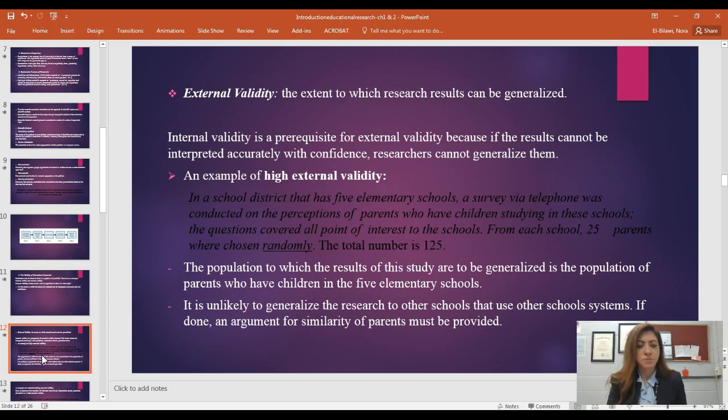If I'm doing my research again on these students and I picked a few students in this country, my details in the internal validity, why did I choose these students, will help. When I say if it's generalizable or not, I will say it's generalizable for only students who have this situation and who live in this area.